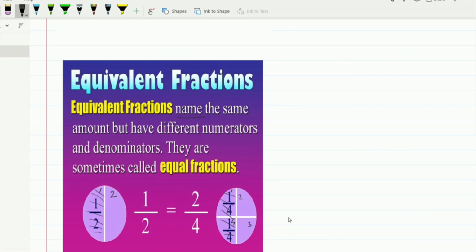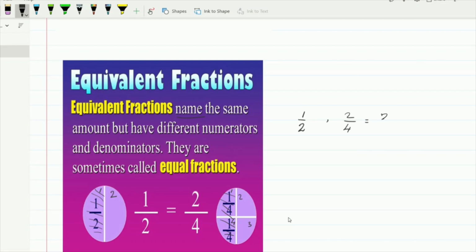In another way, if you take the simplest form of the fraction, then we can find out whether the fractions are equivalent fractions or not. So here 1 by 2 and the other fraction is what? 2 by 4. So 2 by 4 I am going to make into simplest form. If you want to make it into simplest form, you have to make the numbers in the numerator and denominator into products of prime factors.